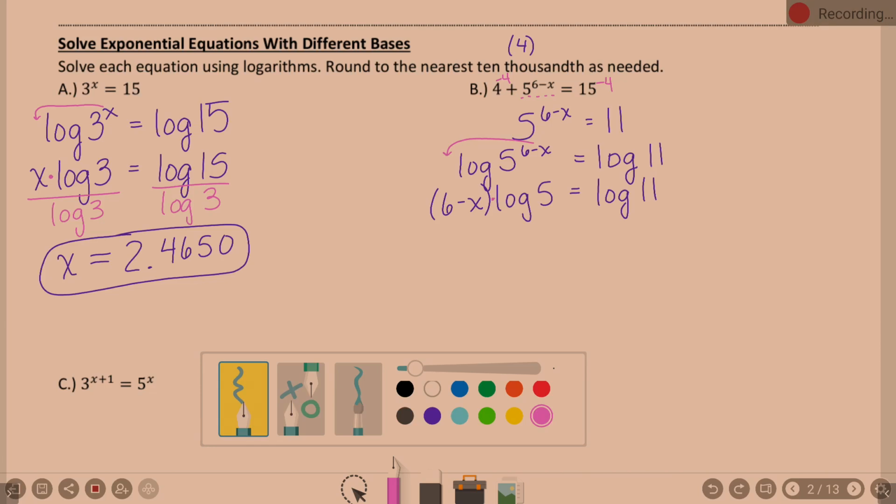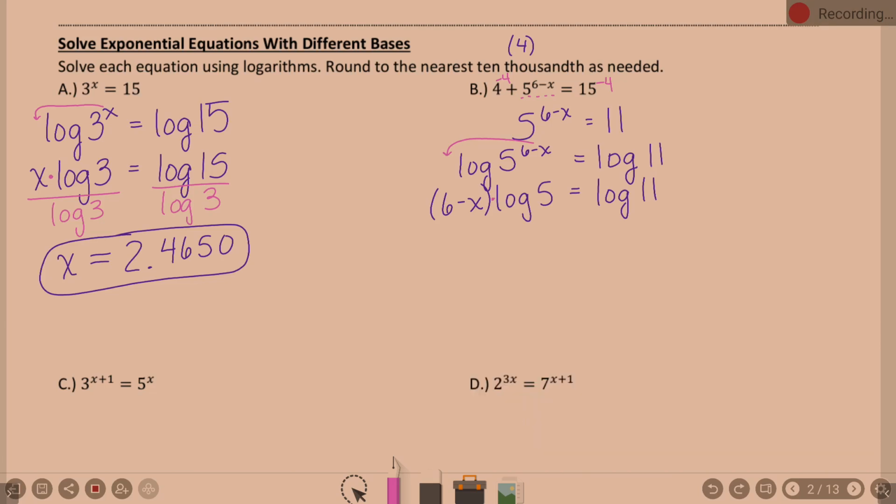Here's the deal. That 6 minus x is currently being multiplied by log 5, right? One option is you could divide the log 5 and thus move it to the other side, yes? And then you have 6 minus x, and you're trying to solve for x, yes? The other option: now keep in mind, log 5, it's a number, yes?